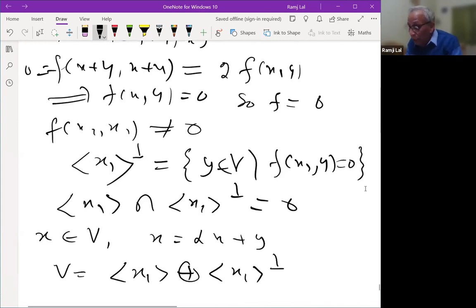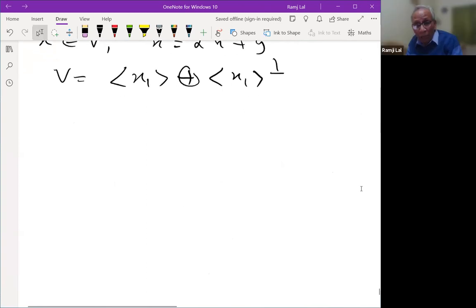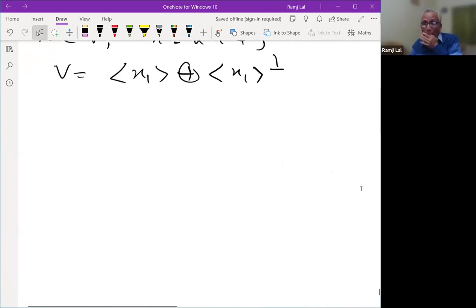So this actually proves the result, whether it is a Hermitian or a symmetric bilinear form. So you can always write it like this. Every Hermitian form or symmetric form is like this.